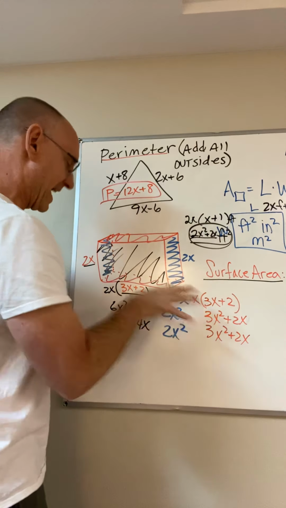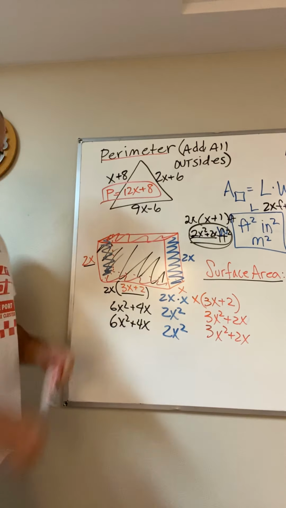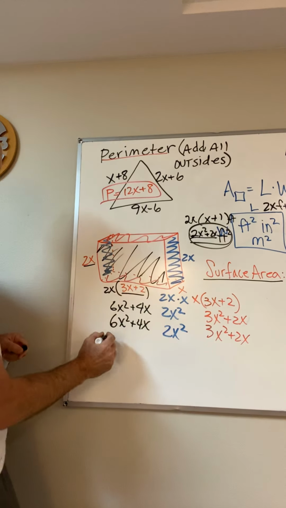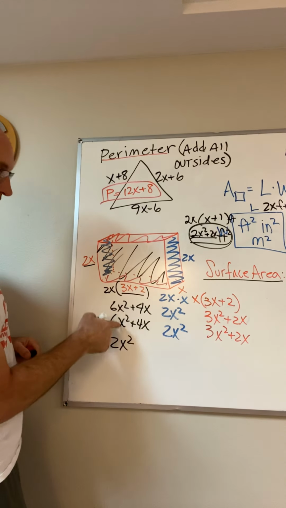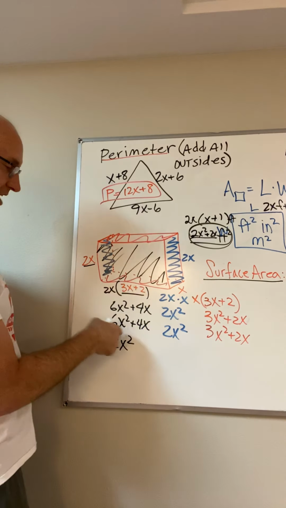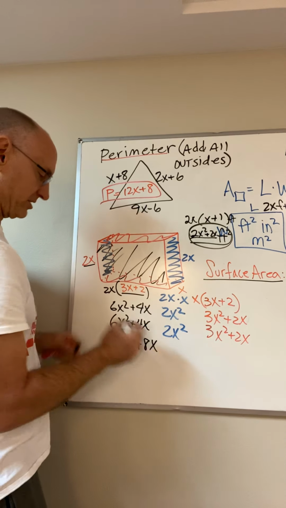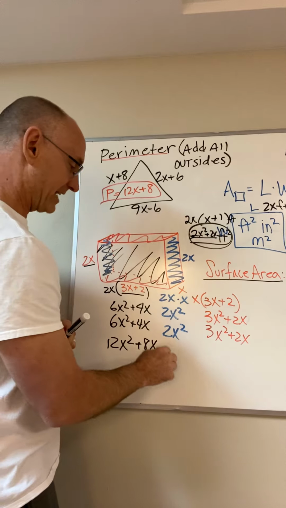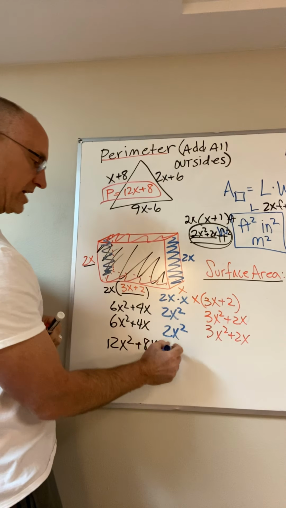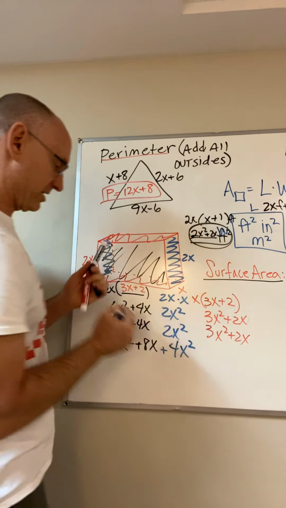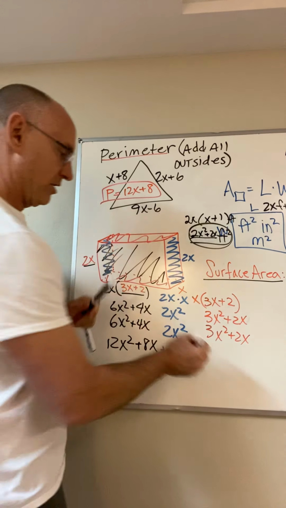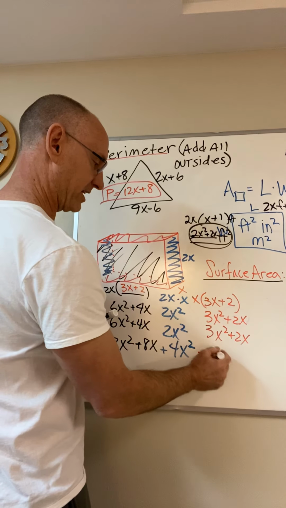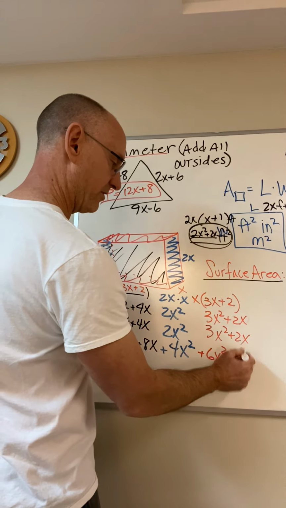All right, so I add these together. We've got 12x squared plus 8x, because they're already alike, and then I'm adding 2x squared plus 2x squared, that's 4x squared, and then plus 6x squared plus 4x.